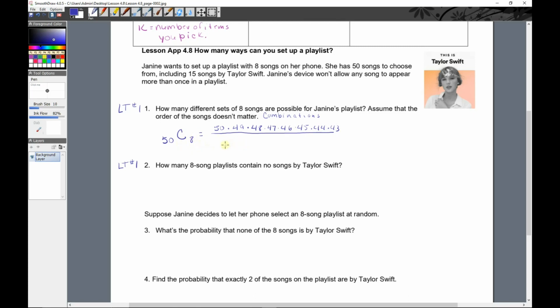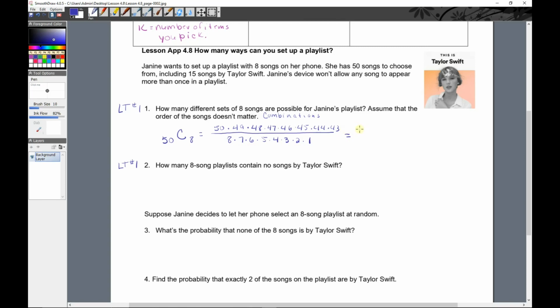This number as a factorial, which I am going to write out expanded: 8 times 7 times 6 times 5 times 4 times 3 times 2 times 1. All right, that is 8 factorial. And we're going to get a stupendously large number.